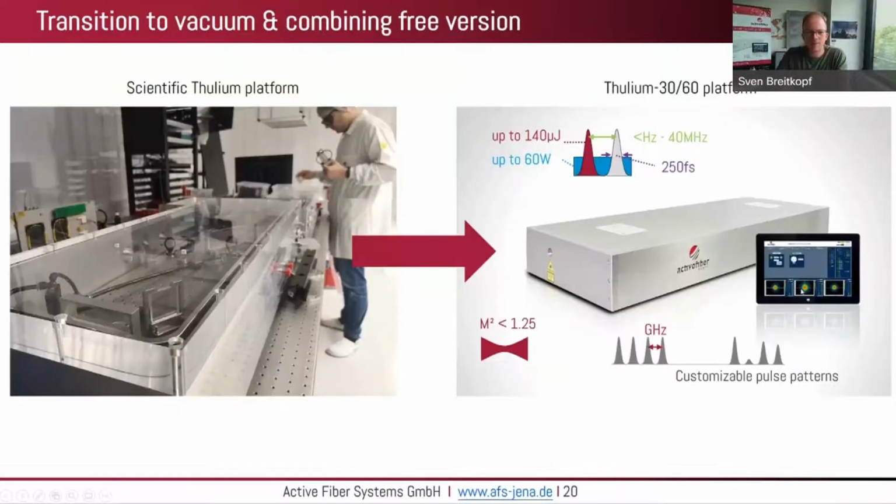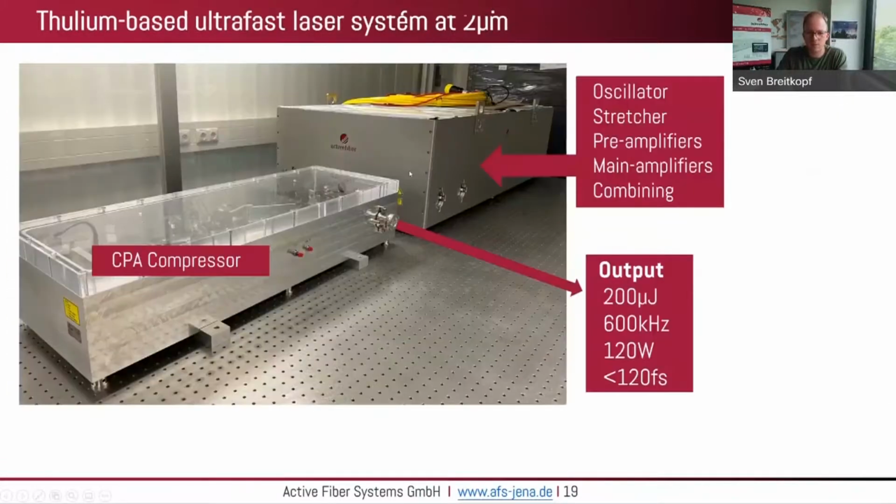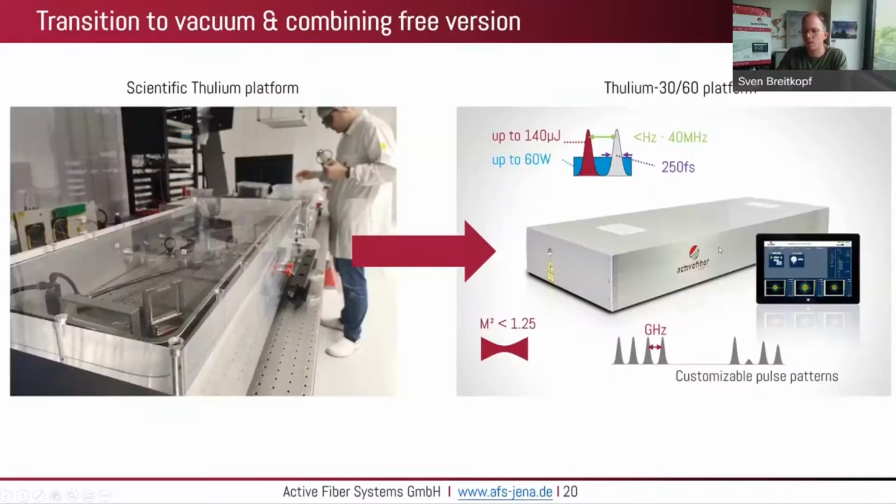And basically, we are working on a transition of such a scientific platform, as I showed before, this one, into a more compact, more industrial grade platform. And this is something we have almost finished at the moment. So in a couple of months, we should be able to show a real industrial grade Thulium system.